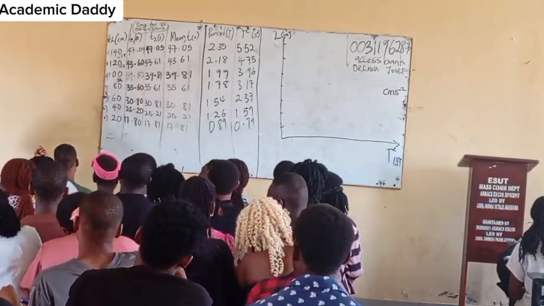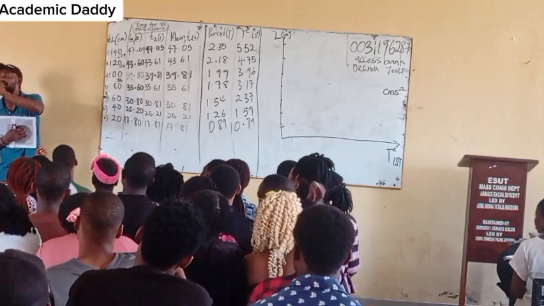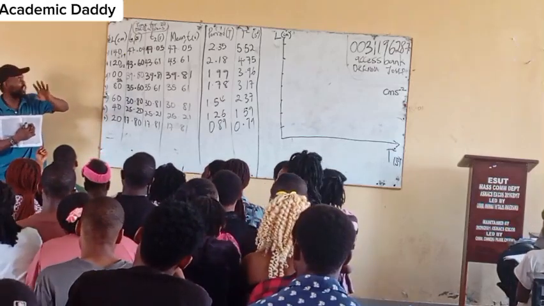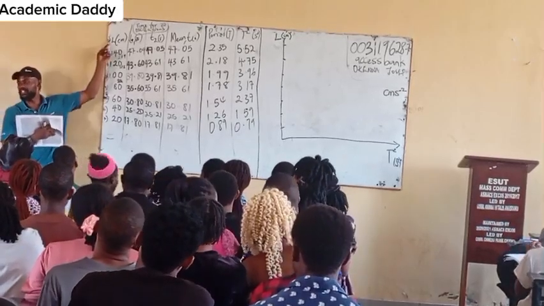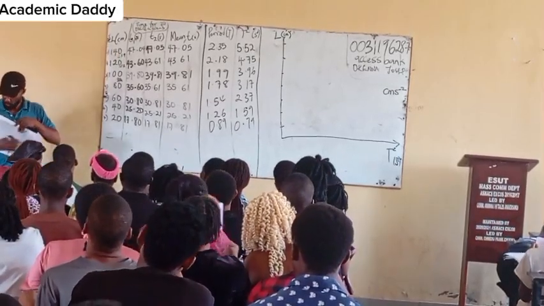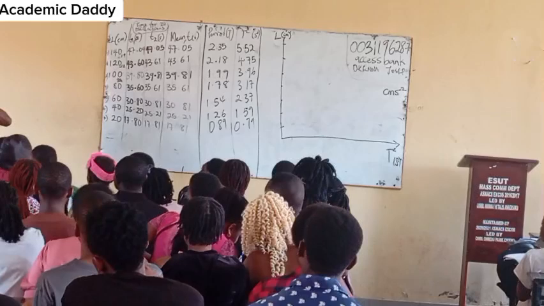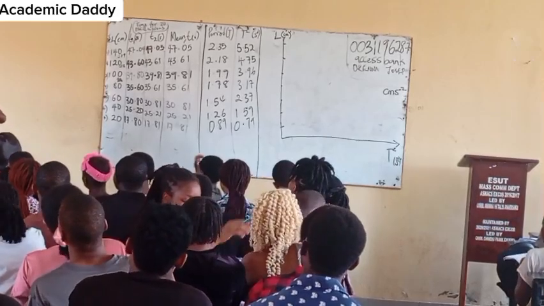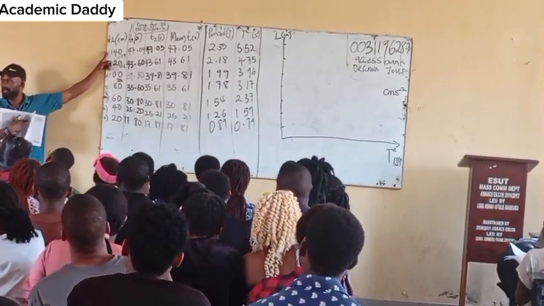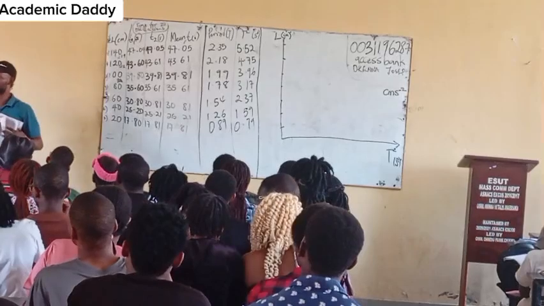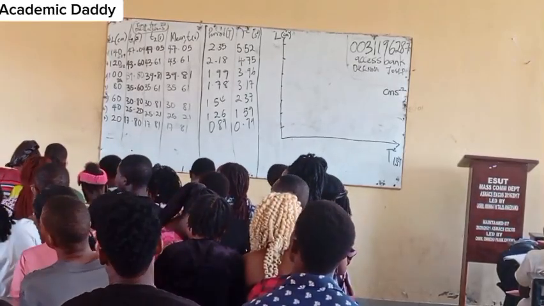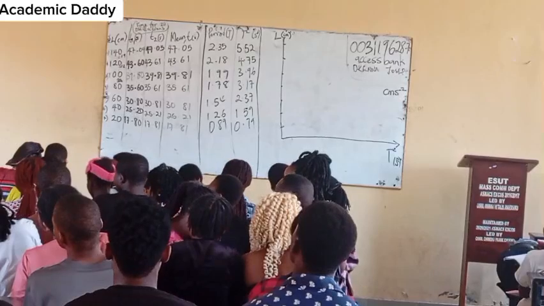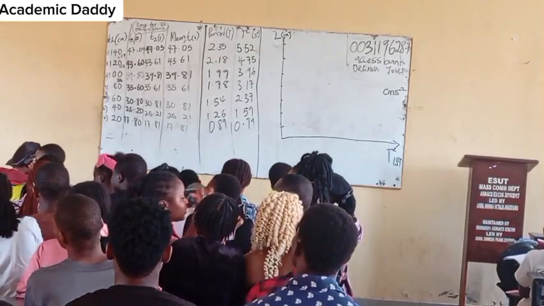See now? Let's do something. This is 20 units, and this is centimeters, right? Now, from here we have 4 centimeters, and for each 4 centimeters, we use 20 units.